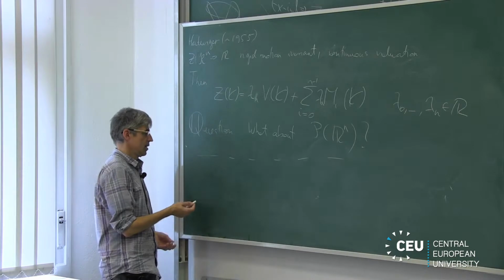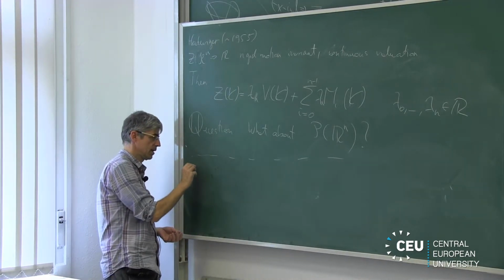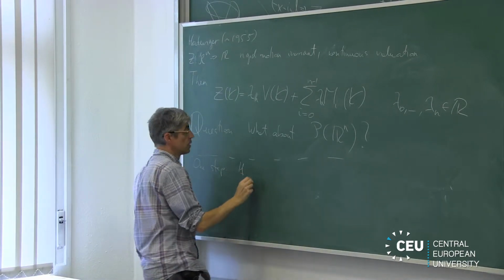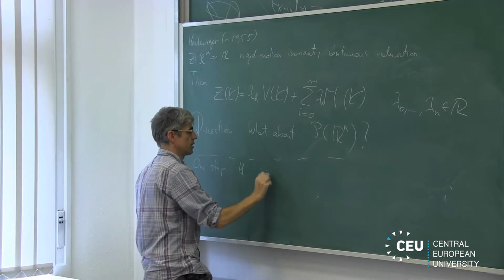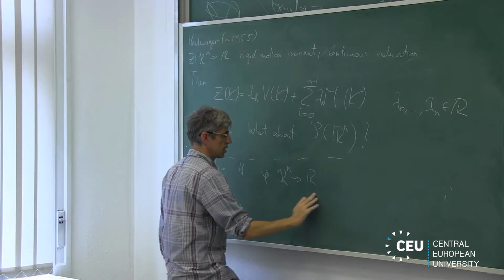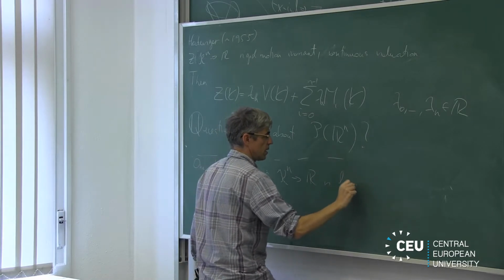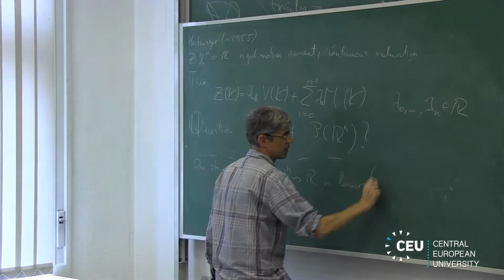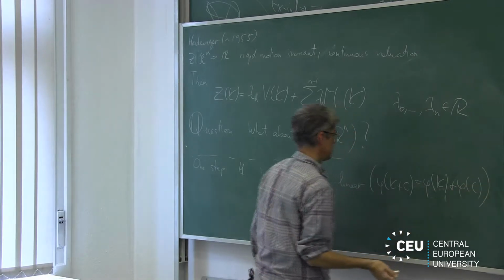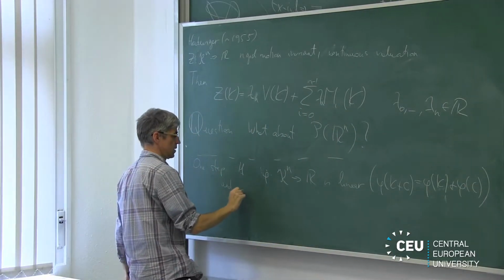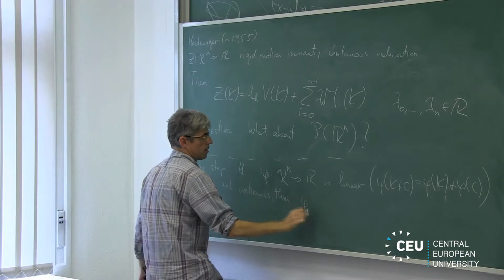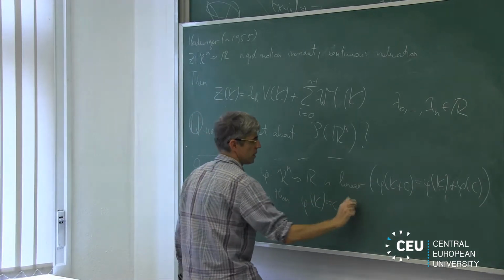Maybe I use phi instead of Z. If phi from Kn into R is linear in the sense that phi of k plus c is phi k plus phi c, and continuous, then phi of k is some constant times m1 k.